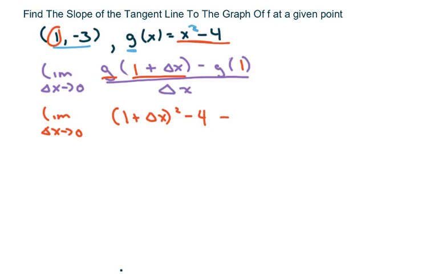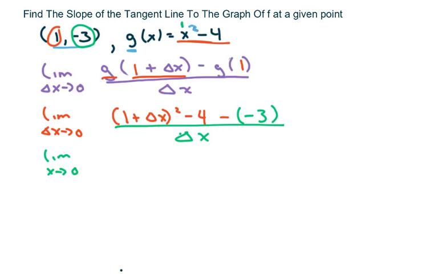Well, g of 1 is right here. It's already given to you at -3. So that's going to be -3. Or you could actually plug it in here and get it again. All over delta x. So what you're going to get here is limit as delta x approaches 0.